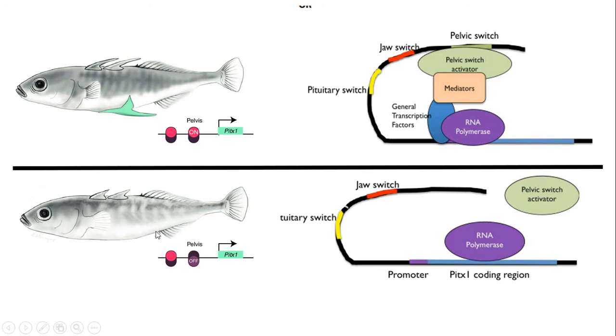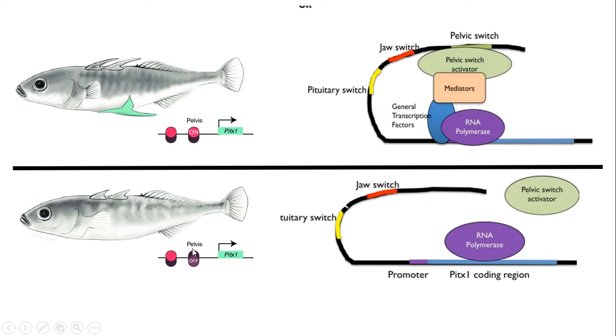When they did their analysis on these two fish, they noted that the marine fish had the switch for all three of these, the pituitary, the jaw, and the pelvic switch. And they produced a pelvic switch activator that would bind and then trigger the mediators to activate.